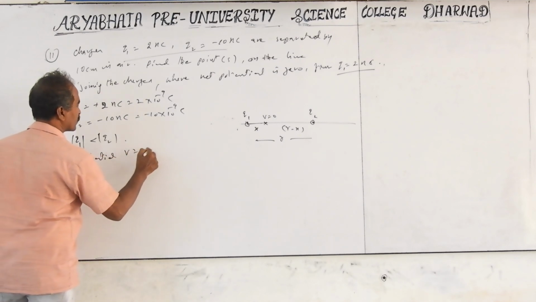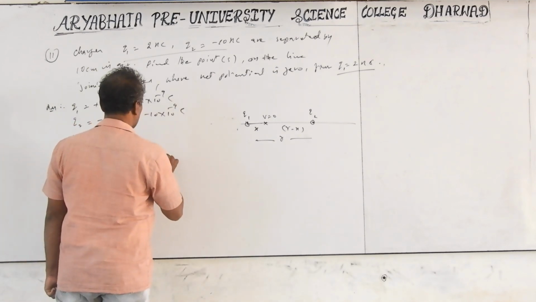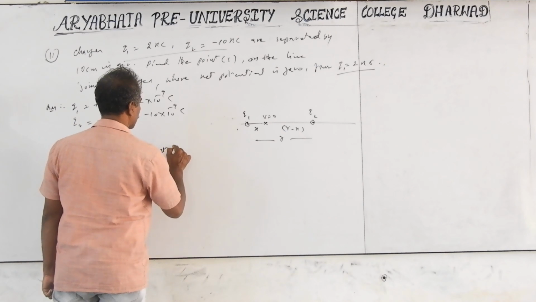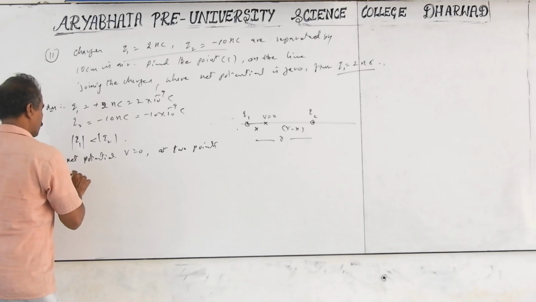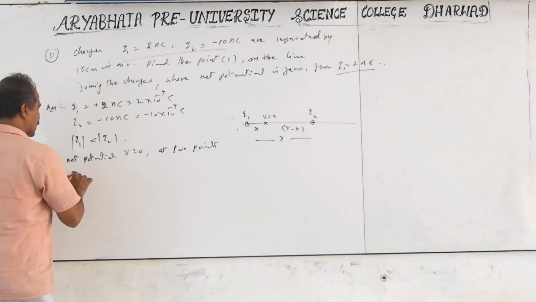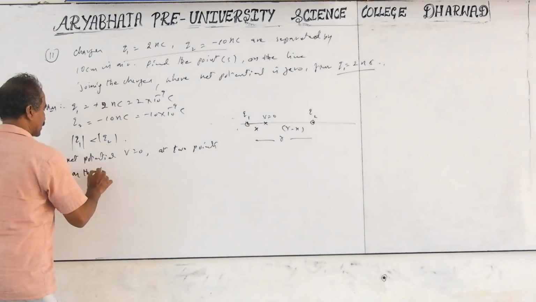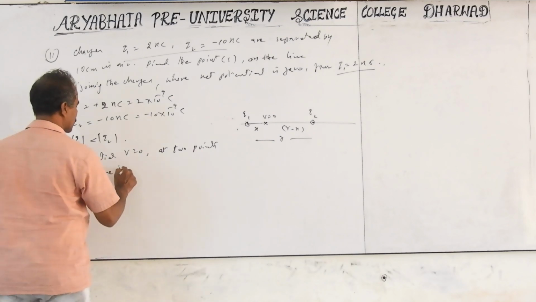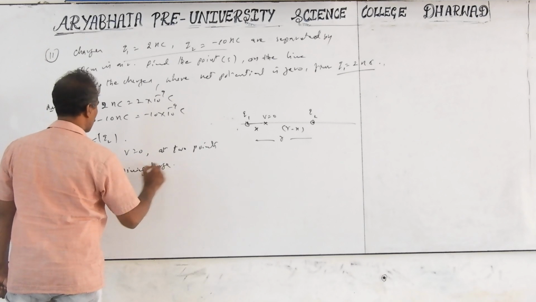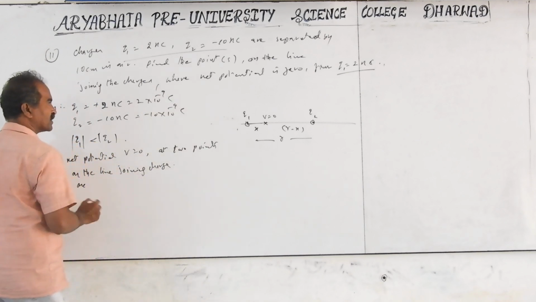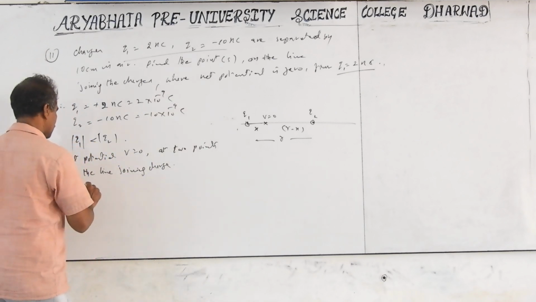V equal to 0 at 2 points on the line joining the charges. One point is between the charges, the other point is outside the charges.